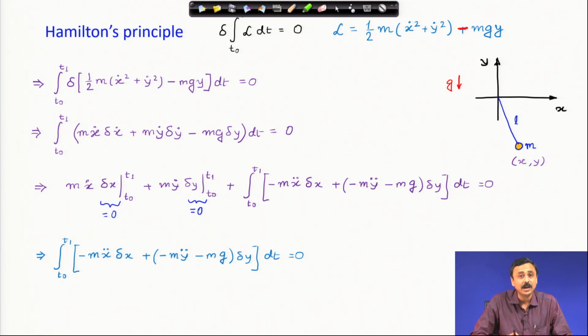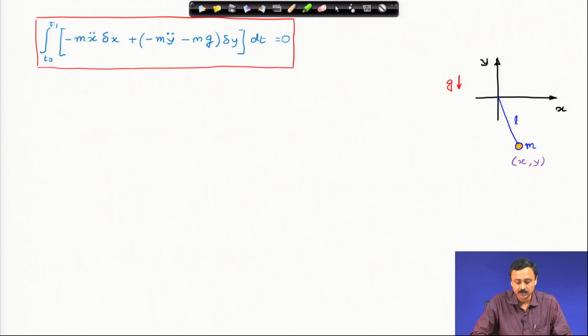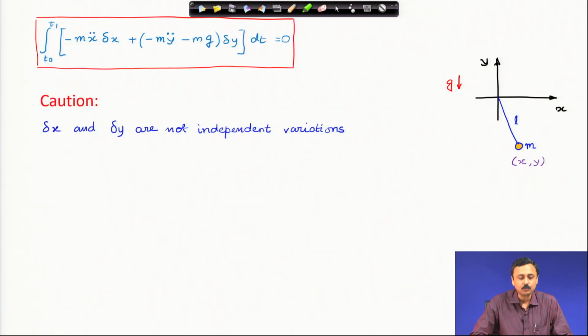In this case, x and y are not arbitrary, because they are connected by x square plus y square is equal to L square. Therefore, delta x, the variation in x, must also be related to variation in y. Both cannot be taken arbitrarily. You can take one of them arbitrarily, but the other one you can calculate from the constraint. So, this is where we get stuck.